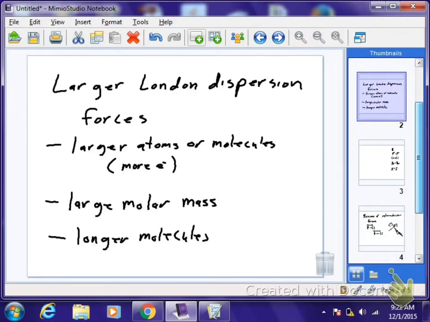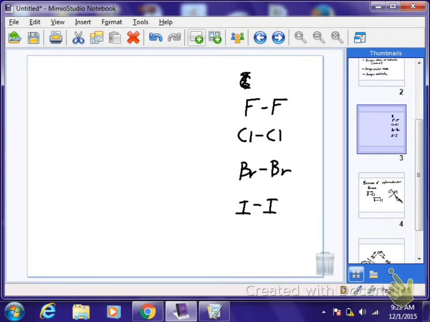The scenario we're going to look at involves these, which are all your halogens. We're going to look at molar mass and boiling point. To find a molar mass, I look at how many atoms I have and multiply by its weight.